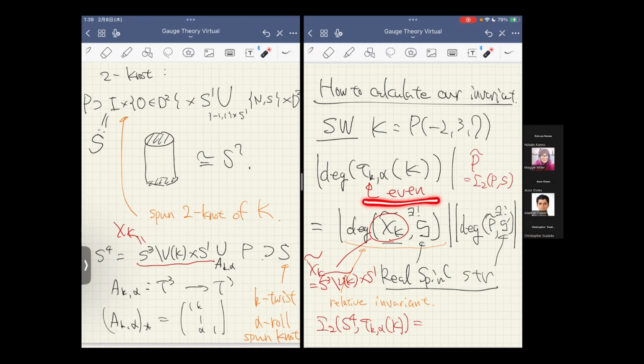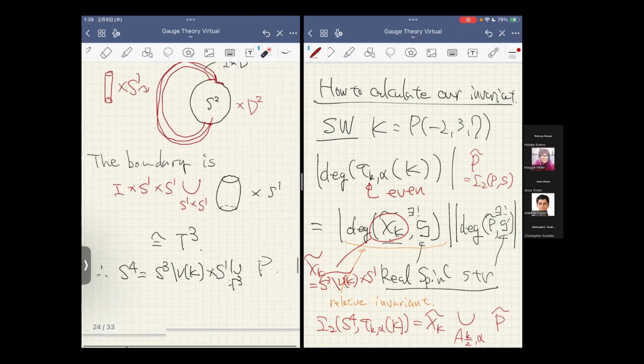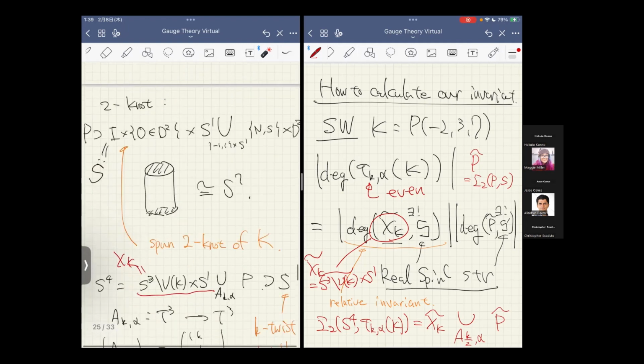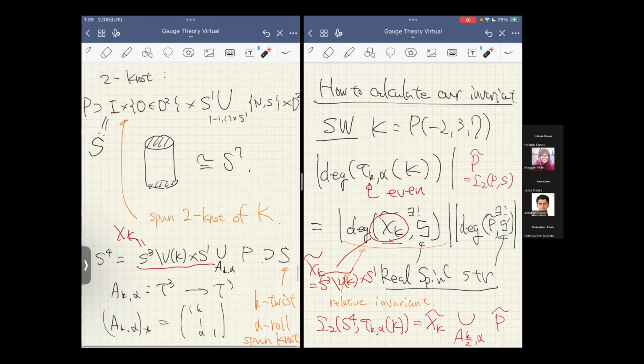And if k is even, the double branched cover along this 2-knot is given by X_K tilde and P tilde pasted by this diffeomorphism.